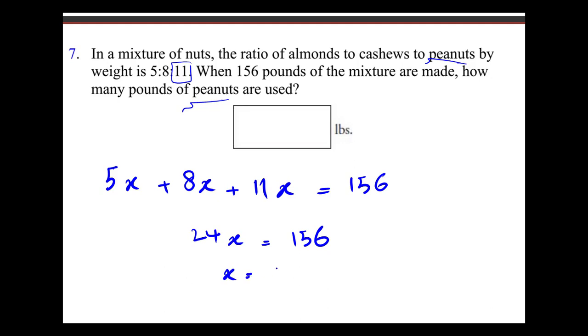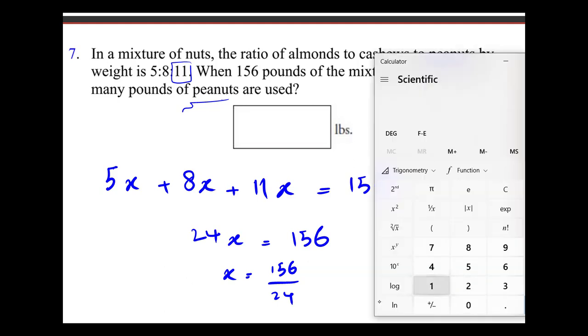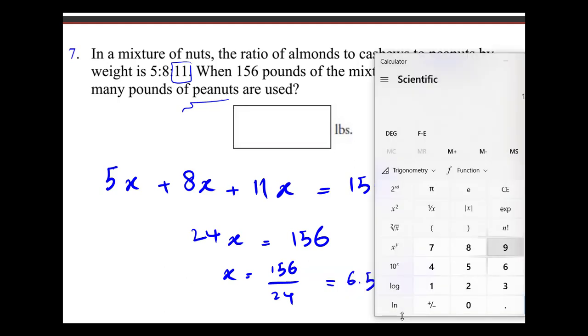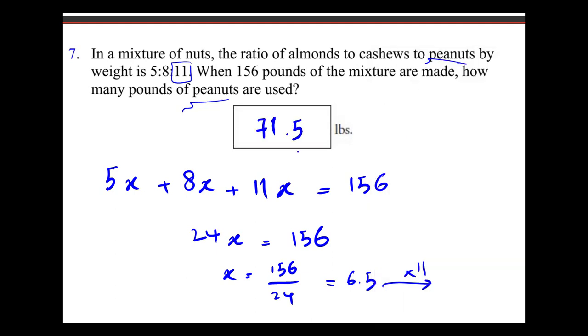So x is 156 divided by 24, which is 6.5. But we need 11 of them, so multiply by 11. The calculator is open, so let's directly multiply by 11. It's 71.5.